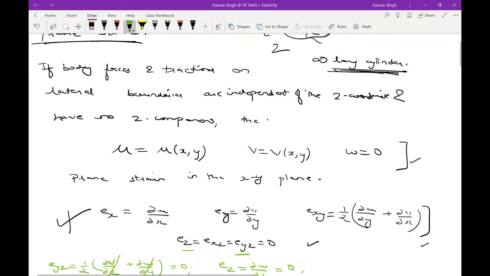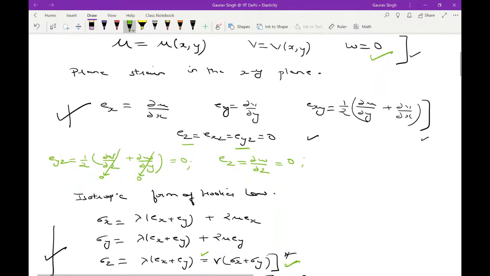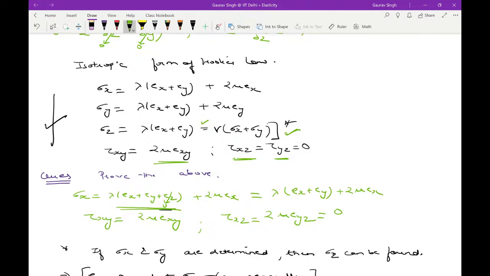See, w is equal to 0. Tau xz and tau yz is also equal to 0.